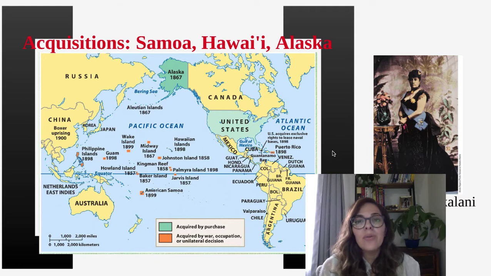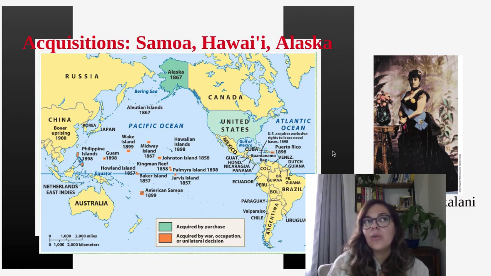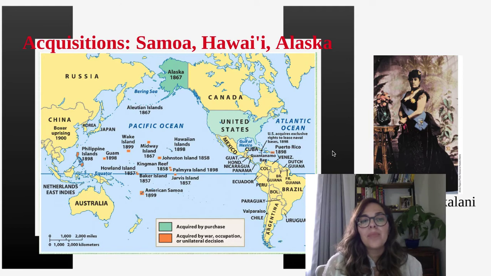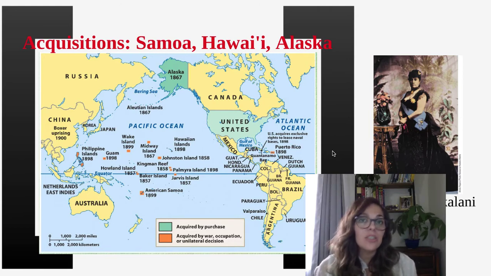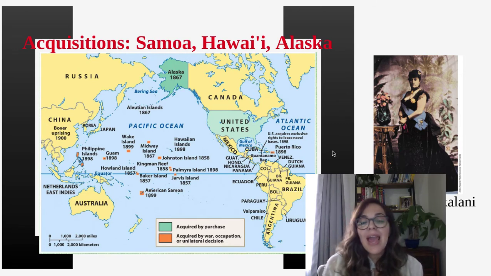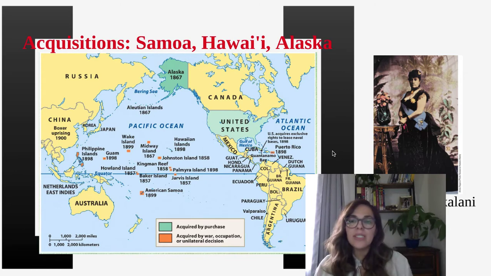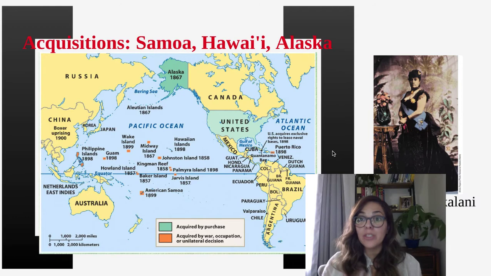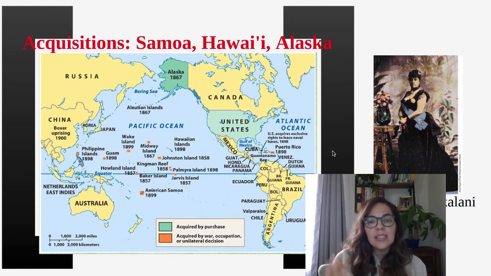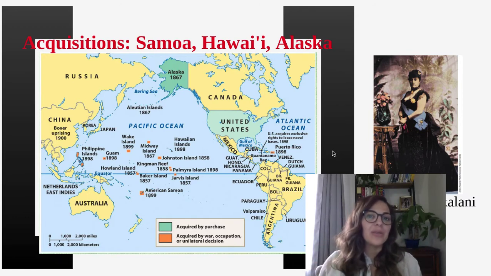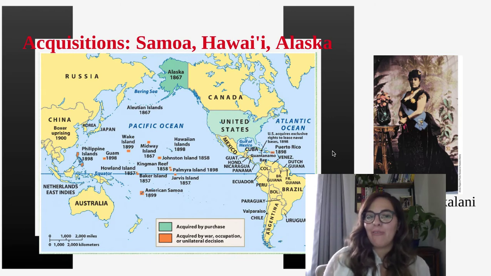Even though the military doesn't actually get involved, these businessmen, in particular the Dole Pineapple Company, are involved in this, and they have the support of the U.S. government. Essentially they go in there, they depose her, they remove her. That's why it's called a unilateral decision. They make her an offer she can't refuse, and in 1898, Hawaii becomes a part of the United States.